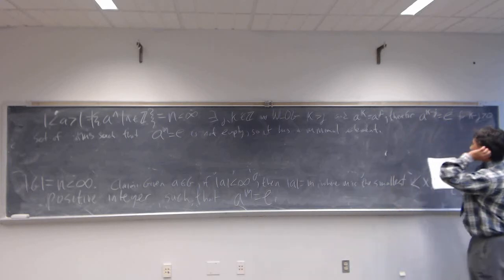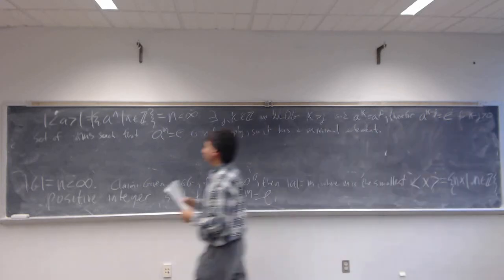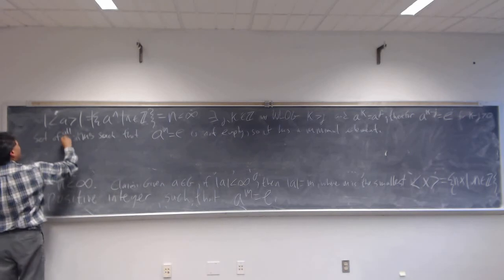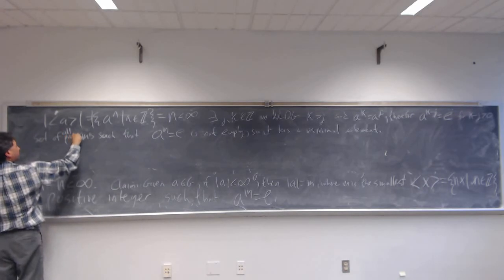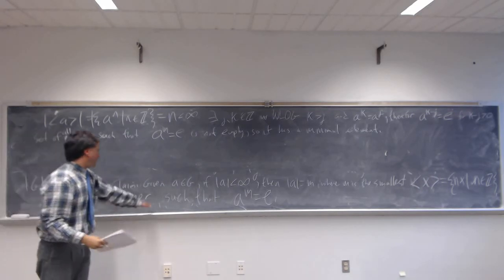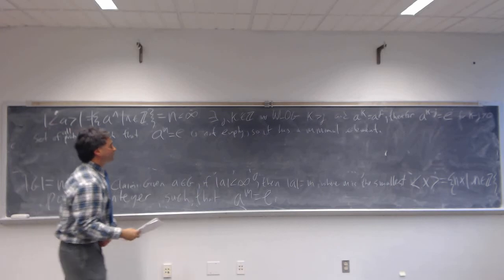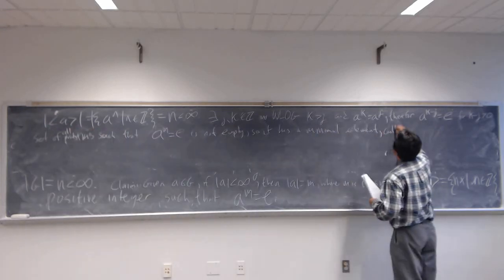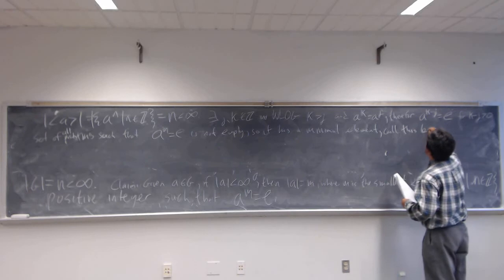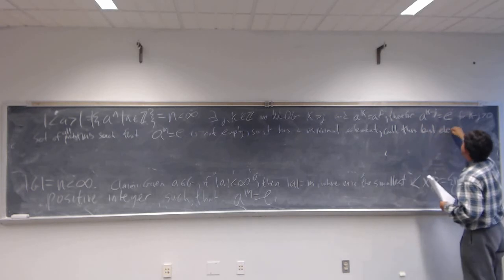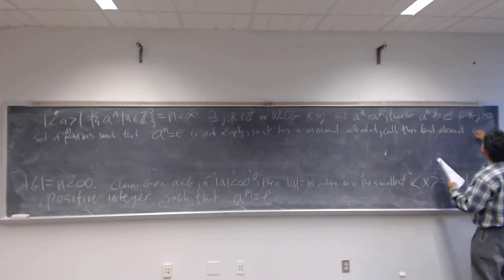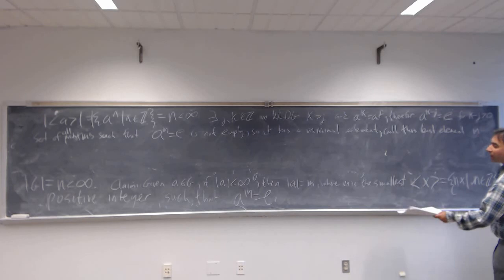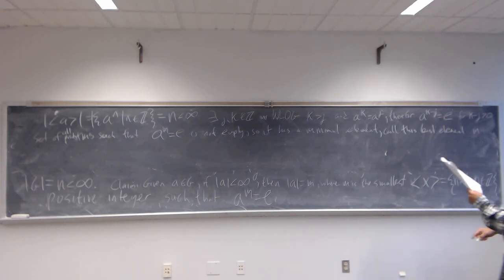I should be clear: the set of all positive such integers. That's my claim, that it's the least positive integer like that. So call this least element m. And what we want is to say that m is in fact the order of a.